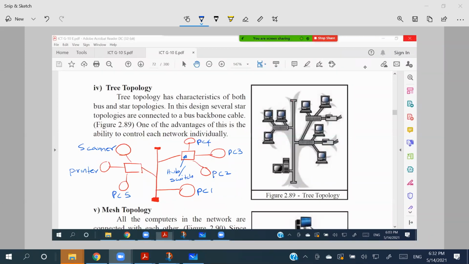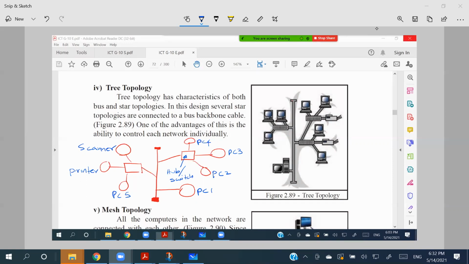Right, one is done. How about others? Okay, one is done, two is done, and three is done.